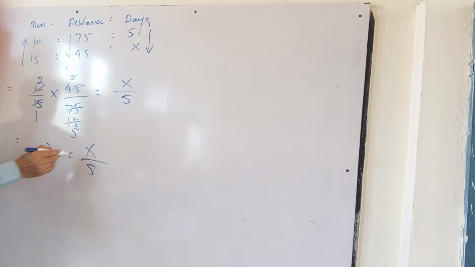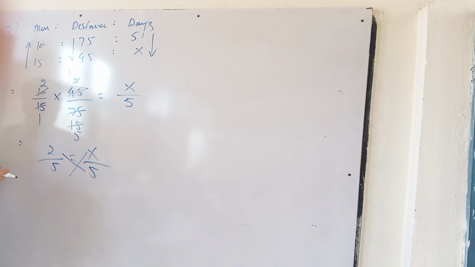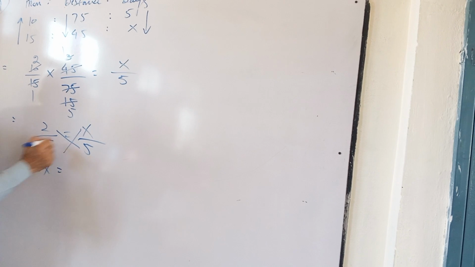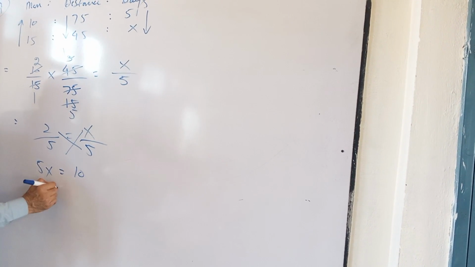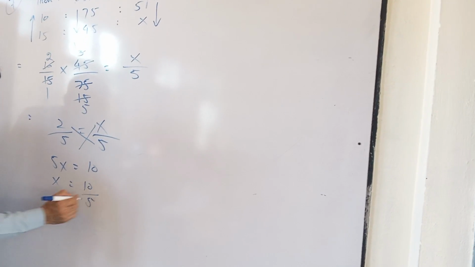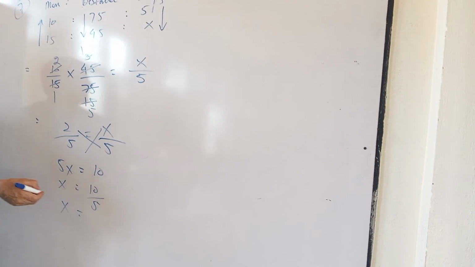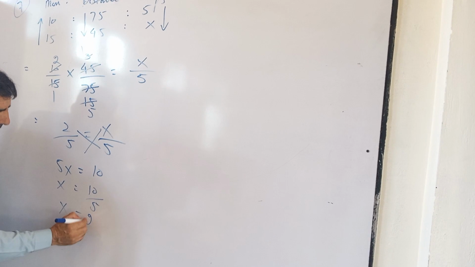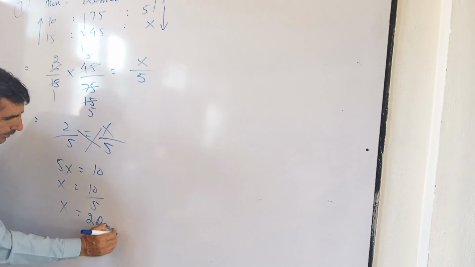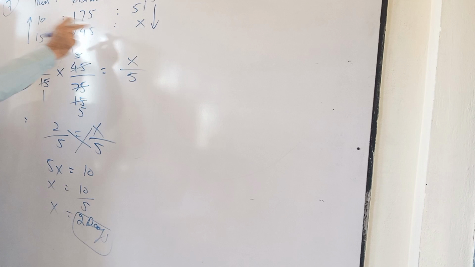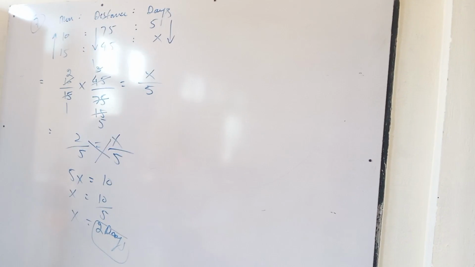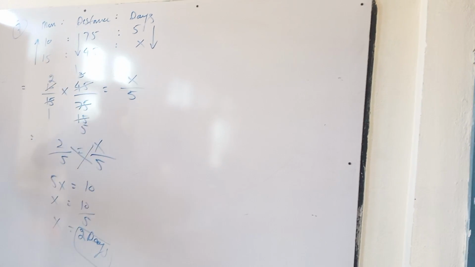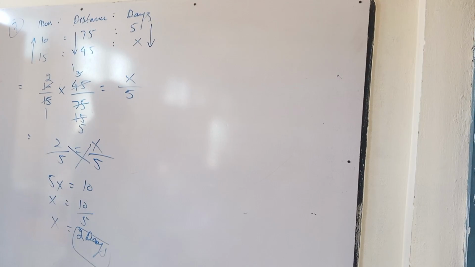Now by cross multiplication, 5x is equal to 5 times 2 is 10, and x is equal to 10 over 5. When 10 is divided by 5, it is equal to 2 days. It means that if the road is 45 kilometers and the men are 15, it will require 2 days to complete that road which is 45 kilometers long by 15 men.